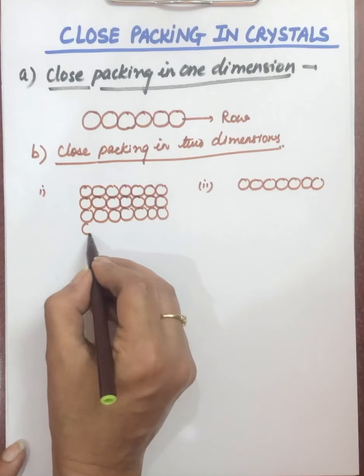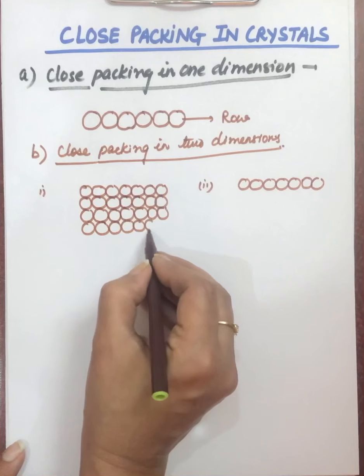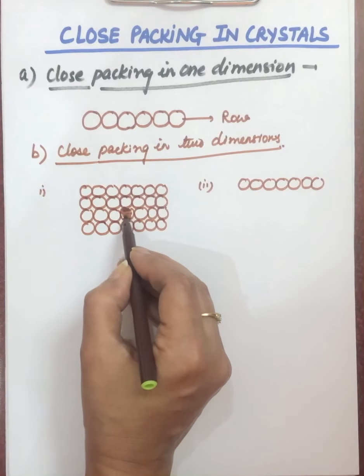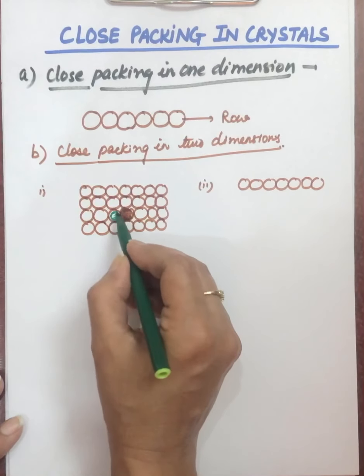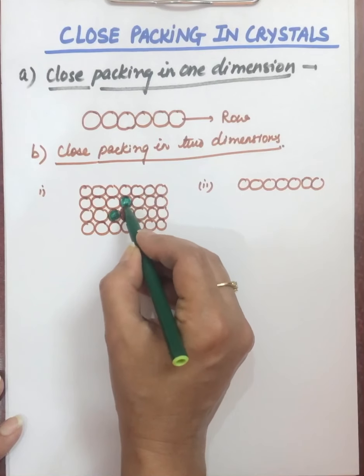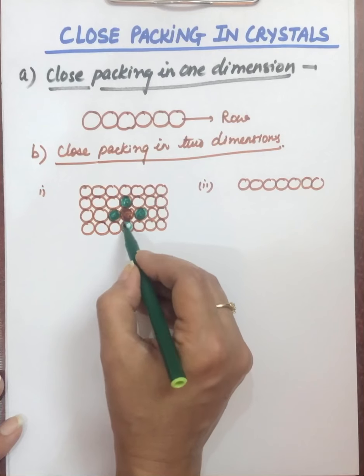In this arrangement, one particle is touched by how many more particles? This particle is touching it. This particle is touching it. This one and this one.